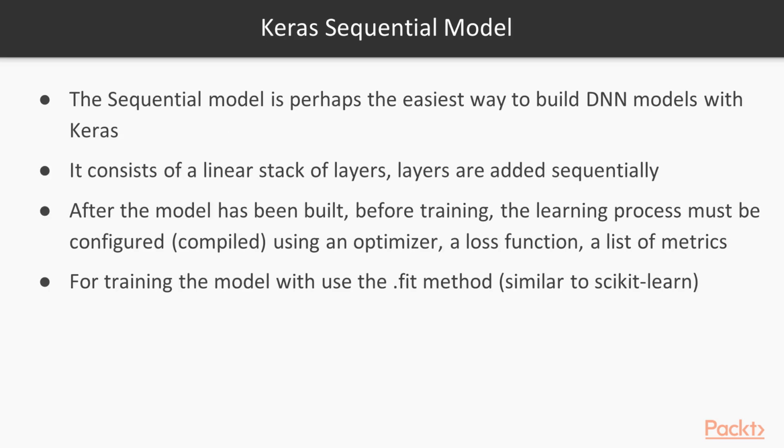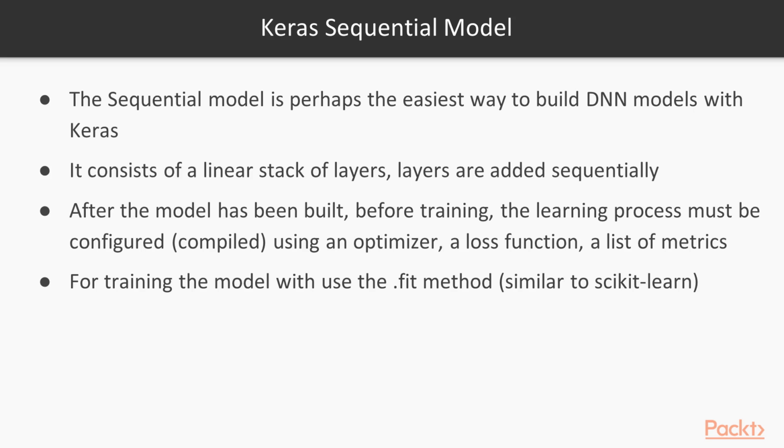Okay, so to use Keras, the sequential model is perhaps the easiest way to build deep neural network models with Keras. It consists of a linear stack of layers. So you create your sequential model and then you add layers sequentially to it. And after the model has been built, before training, you have to configure or compile the learning process.